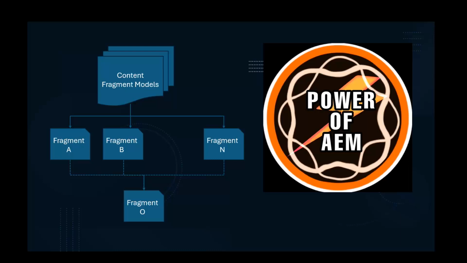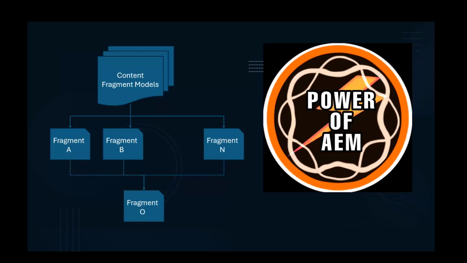Once we have models ready, which will be done by your business team or the technical team, then content fragments will be generated by the authoring team. They can generate multiple fragments with the help of models, and there should be a one-on-one mapping. It means fragment A will be based on one of the models. If I'm talking about fragment B or any other fragment, that will also be based on an existing model. Like that, authors can generate multiple fragments.